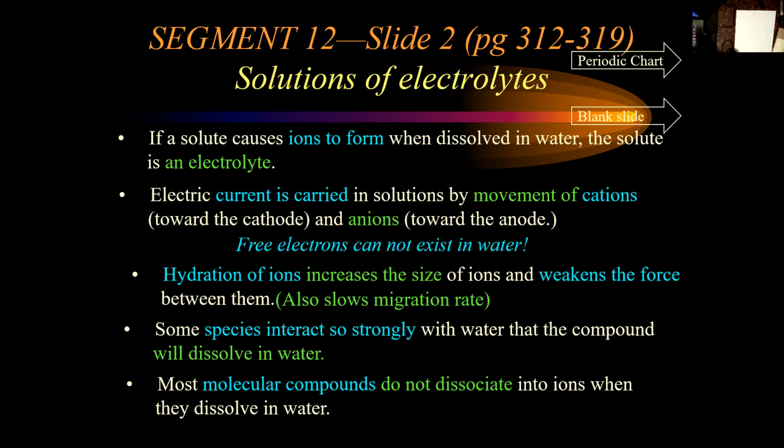So when you put alcohol and water together, it doesn't look like there's a difference in environment very much. The alcohol that was associated with other alcohol molecules and the water molecules that are associated with each other, they would just as likely be associated alcohol to water as they would alcohol to alcohol and water to water. And so they mix together.